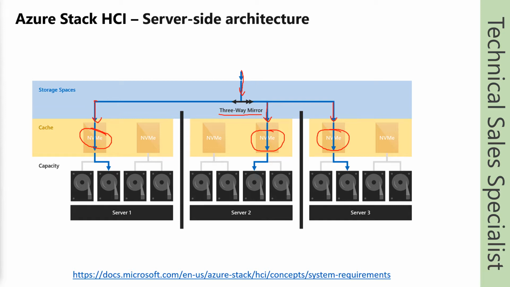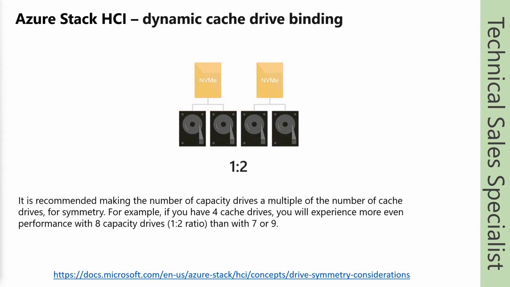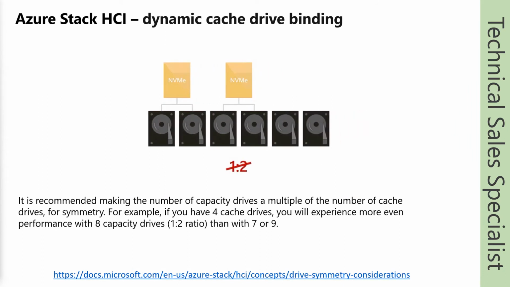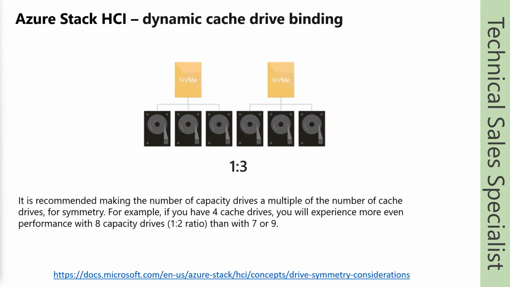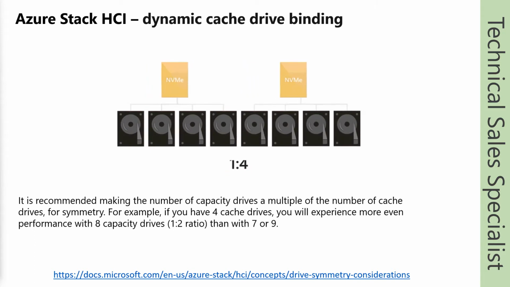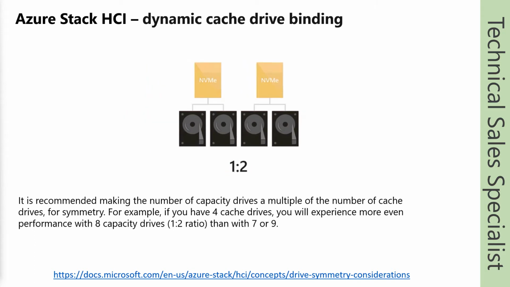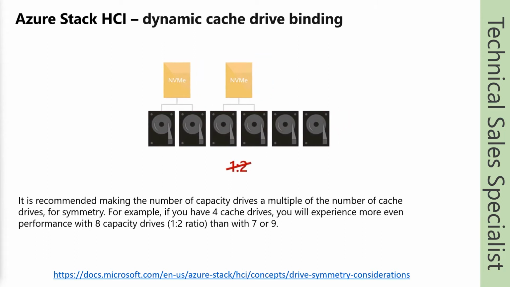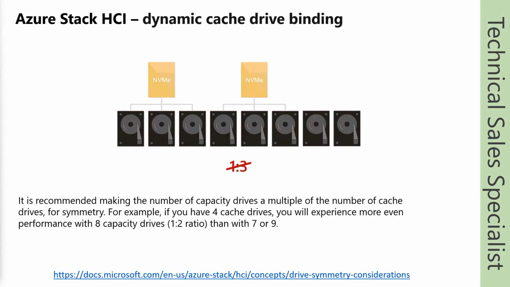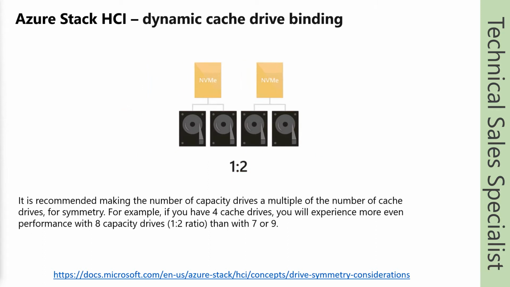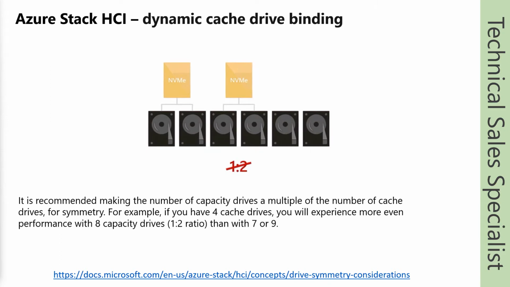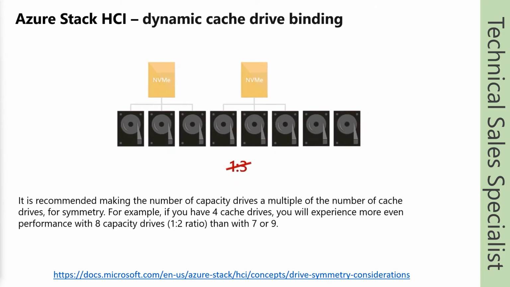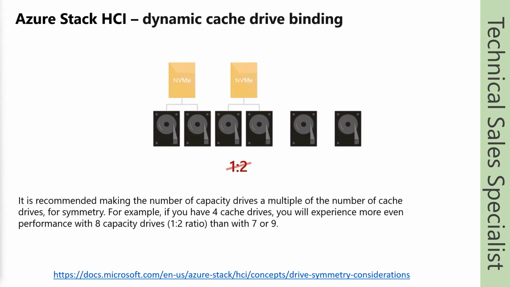If we expand our capacity, we will add capacity drives. And if we have a configuration with cache drives, the cache drive binding is rebalanced, so the cache drives are rebound to the new capacity drives. And here we can see we always need a whole-number multiple of cache drives to capacity drives to ensure that we have a balanced configuration.